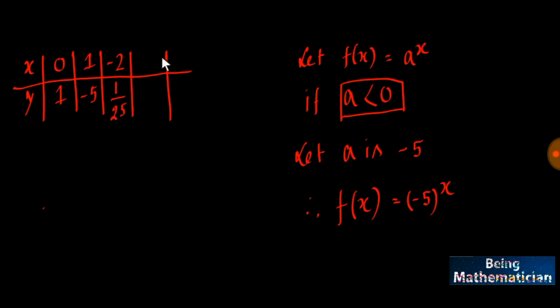When x is 3, (-5) to the power 3, and that will be -125. When x is -3, then y equal to (-5) to the power -3, and that must be -1 by 125.